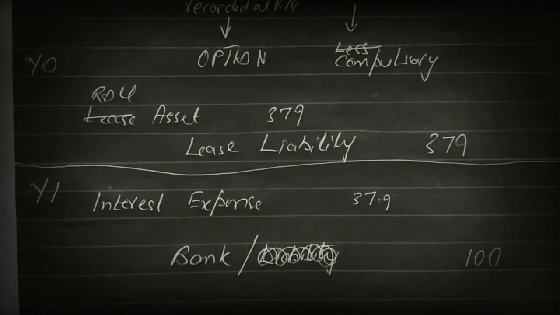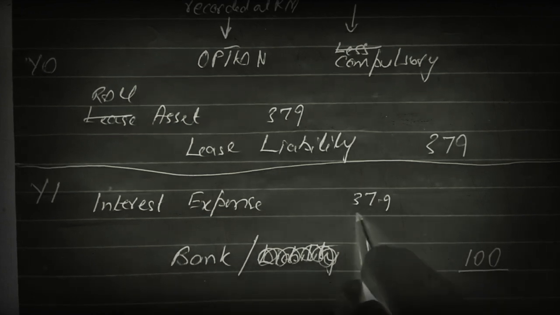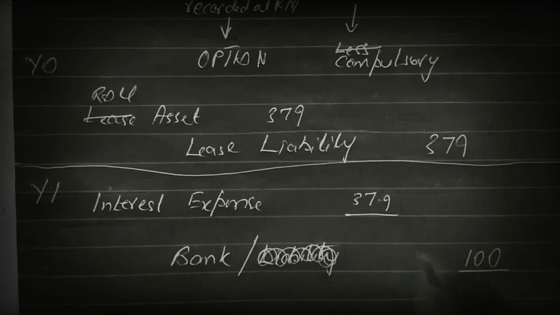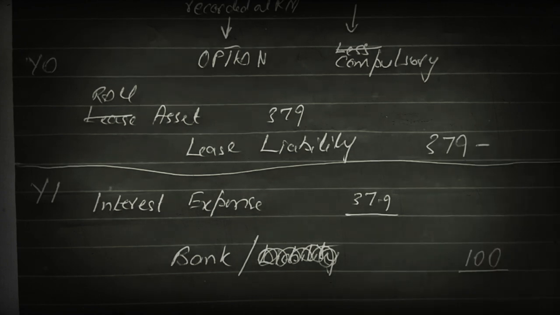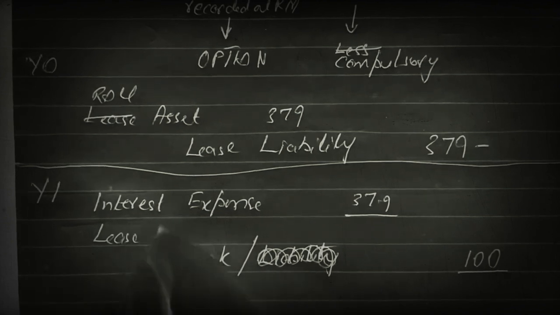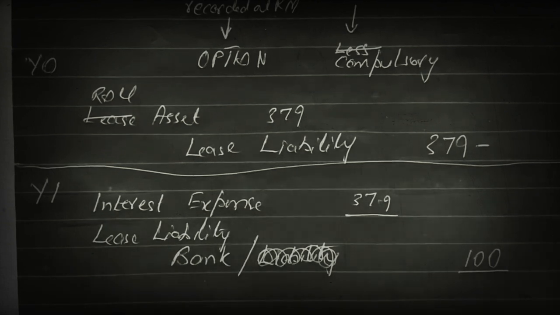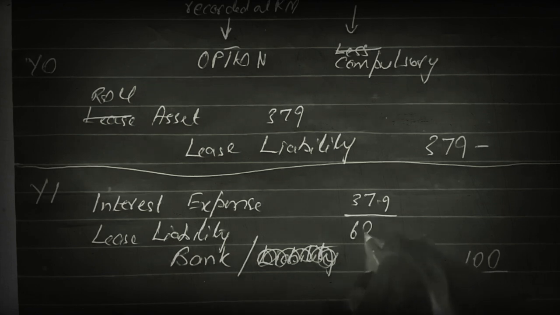So if we paid $100 and we had to pay $37.9 on account of interest expense, then what is the remaining amount? The remaining amount would actually be a reduction from this lease liability, right? So we can debit the lease liability by the remaining amount, which is $62.1.